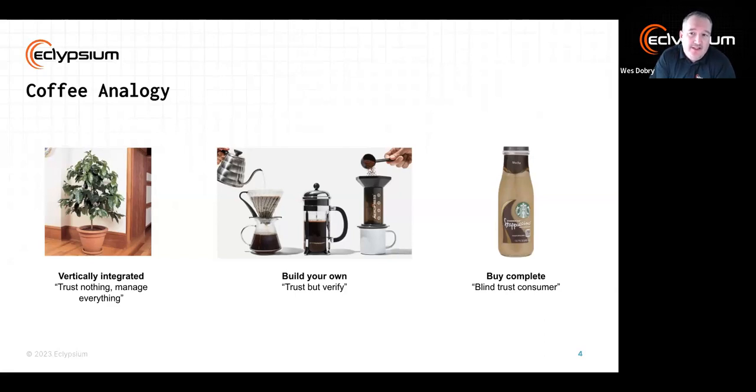But generally speaking, we usually have to go one of three different models for acquiring equipment or building solutions within our own organizations. If I'm a mature enough organization, I can do complete vertical integration where I'm going to trust nothing that I acquire. I'm going to manage every step of that process, and I'm going to build it myself.